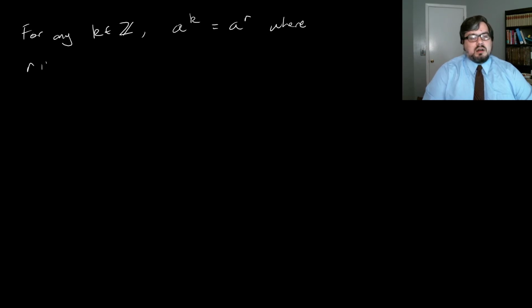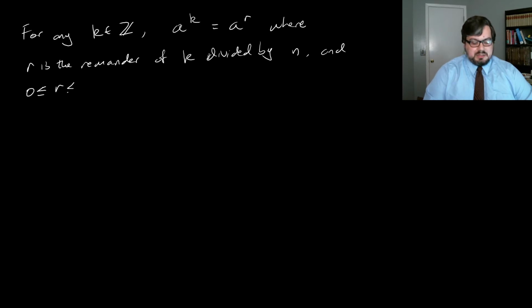where r is the remainder of k divided by n, and that means that r lies between 0 and n minus 1.